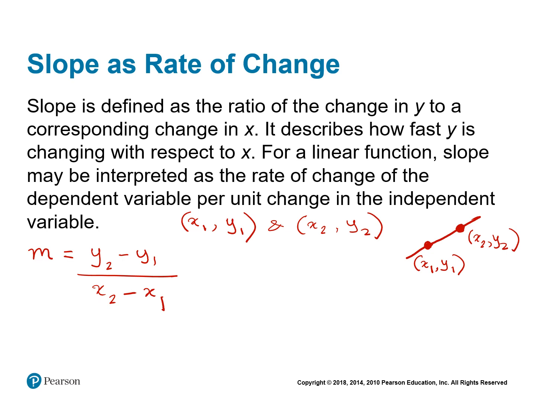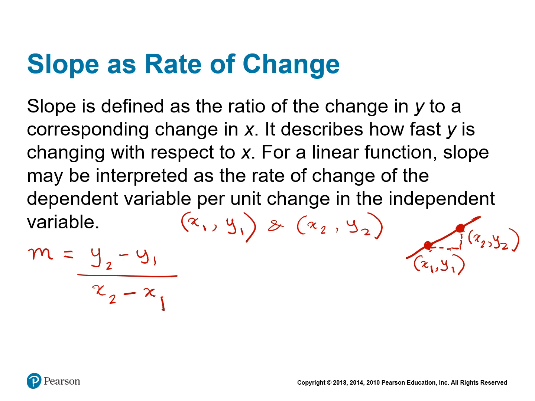Then when we find the slope, it tells us, as we move along the x-axis horizontally, how much is the change in the y values? Essentially, that's what the rate of change is.